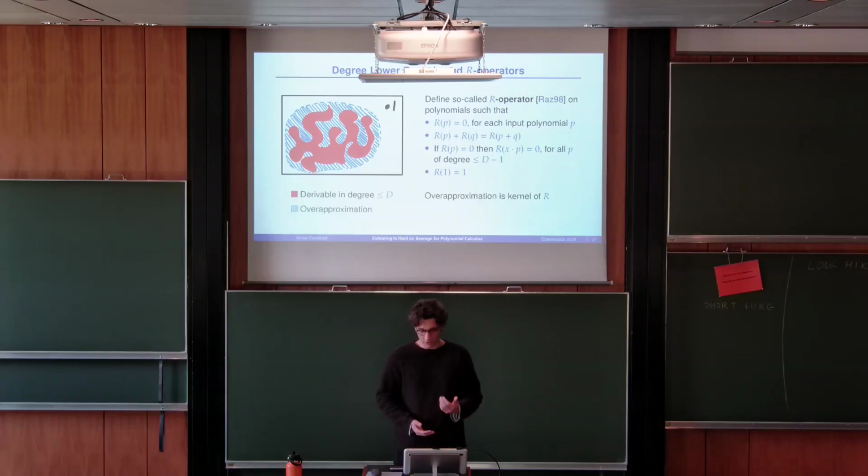And it should map multiples of things that map to 0 also to 0, if the degree of the ingoing polynomials is not too large. And finally, it should map the constant polynomial 1 also to 1. Because then you could just take this over-approximating set to be the kernel of the operator and get a degree d lower bound.